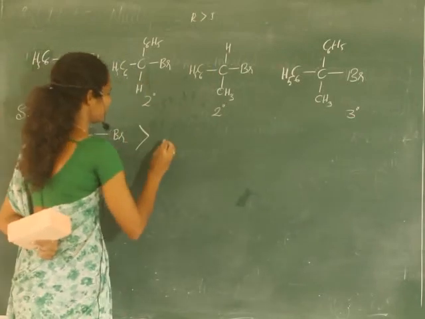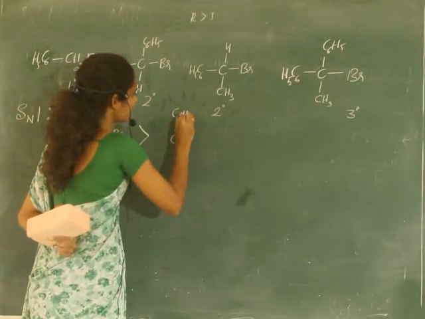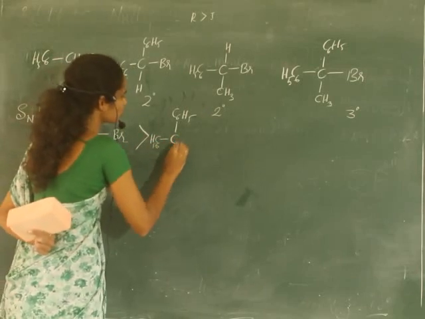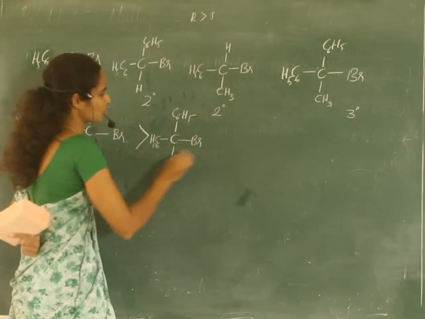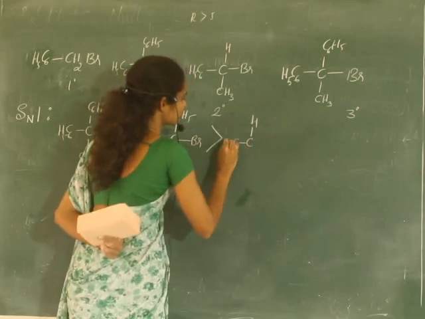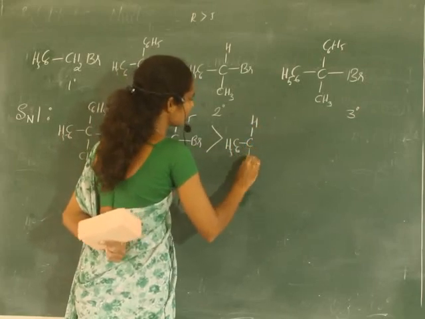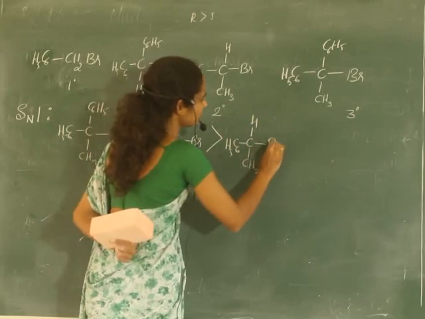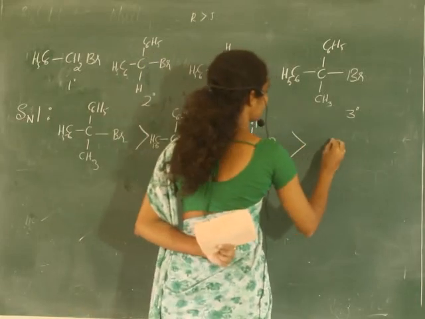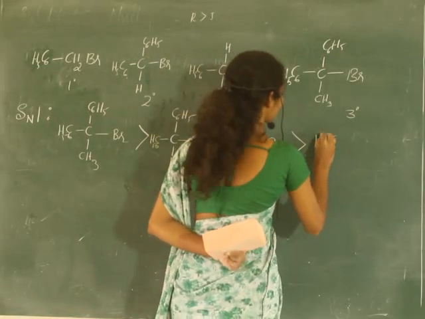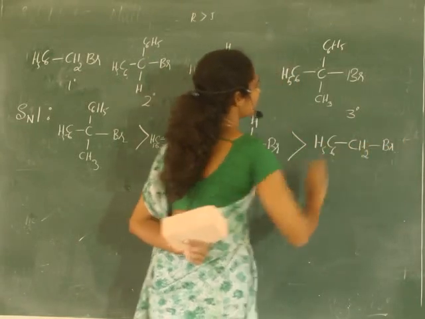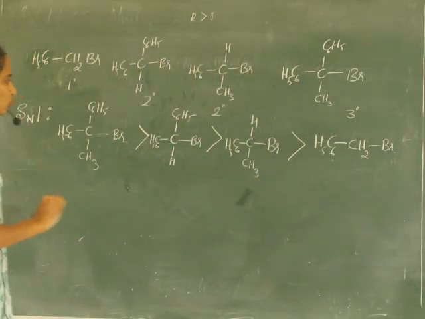Hence C6H5, C6H5, H and Br, secondary carbocation. Next again this secondary carbocation, hydrogen, C6H5 which is nothing but benzene ring, and methyl group and bromine atom, and the last one is primary, right? Primary C6H5 CH2Br. This is the order of reactivity in case of SN1 reaction.